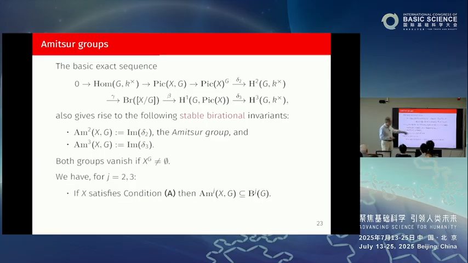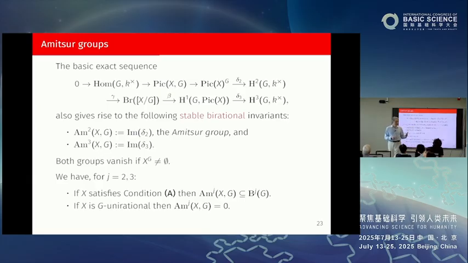So in both cases, if X satisfies condition A, then the corresponding Amitsur group has to be a subgroup of the second or third Bogomolov multiplier, because of that condition. And if you're unirational, then they both have to be 0.